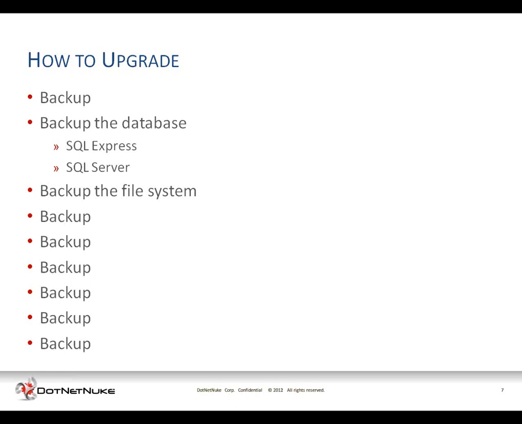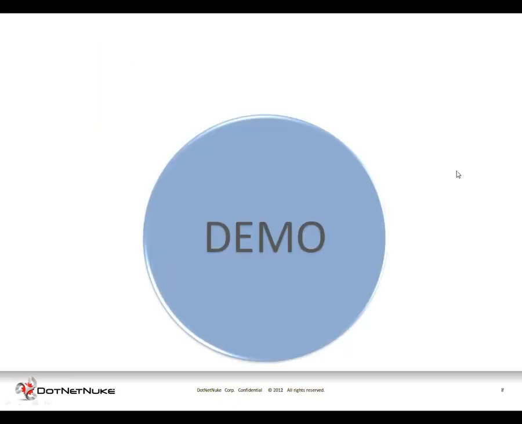Now, I'll show you both of those processes, but I'm not going to do the backup of a full database or a full SQL Server until we perform this first upgrade. So the first website we're going to be backing up and the first database runs on SQL Server Express, and I have it running locally on my desktop here, which has a web server. So let's go ahead and take a look at the process I would follow in order to perform the backup for those two, the file system and for the database.